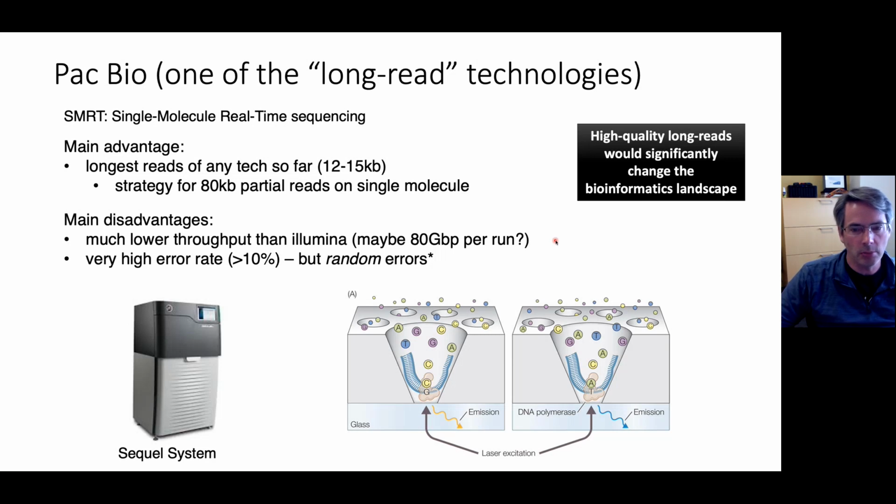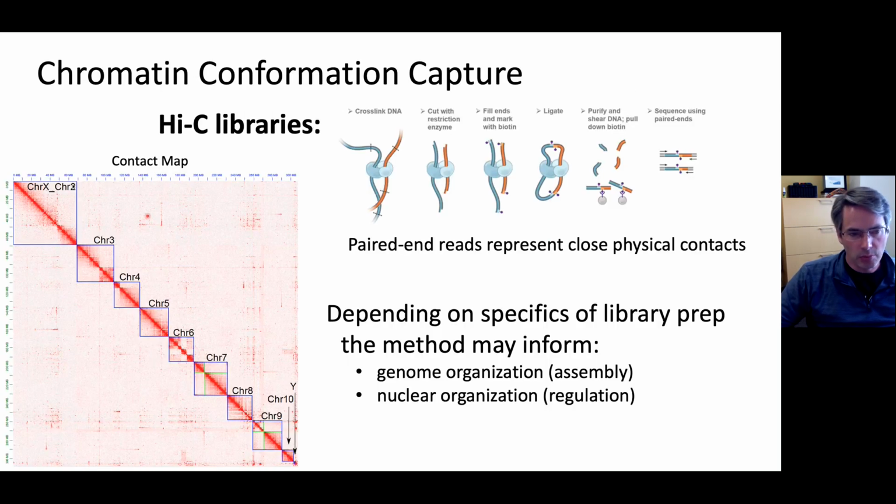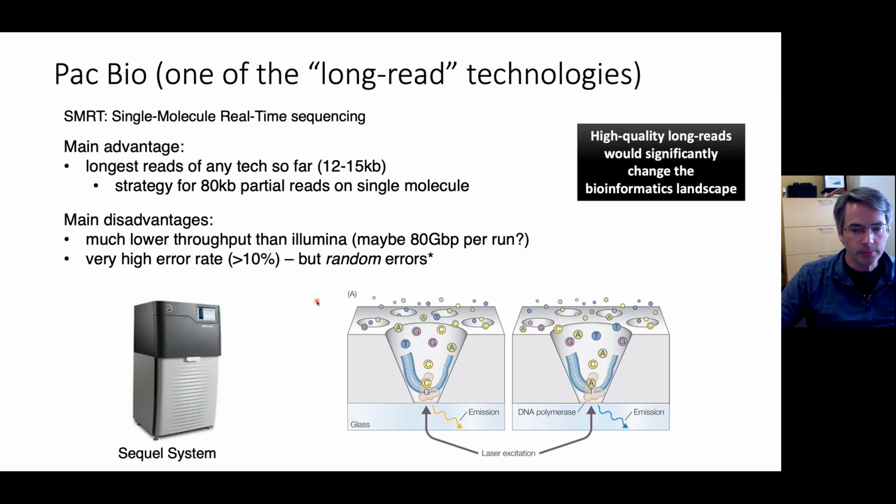If you want to do genome assembly, great. If you want to analyze structural variation, great. Genome assembly is moving in this direction again, mostly because of how cheap Illumina sequencing is. You can do multiple genomes in a single run, novel genomes.